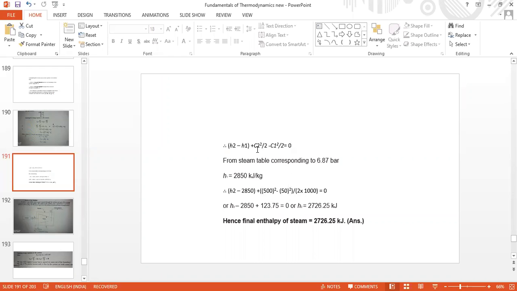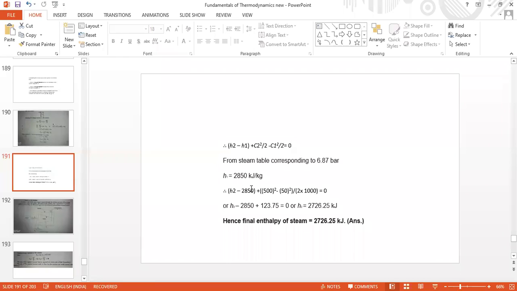See, though the equation is C2 square by 2 minus C1 square by 2, or C2 square minus C1 square whole by 2, here I wrote C2 square minus C1 square by 2 and by 1000 also.